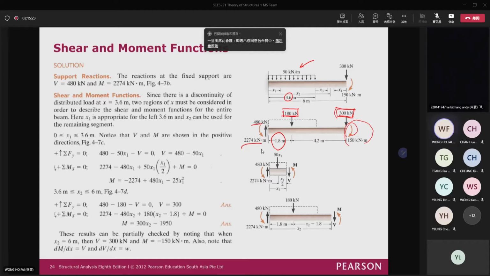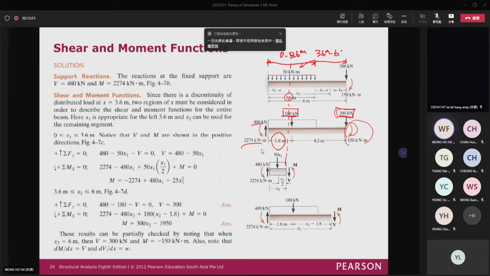So right here, you need to cut the section into two parts. As I mentioned, from 0 to 3.6 meter, you should cut 1 time. So for here, you can see that it cuts at this location, within 0 to 3.6 meter. So you cut your first time here. And then for the second one, it is from 3.6 meter to 6 meter.